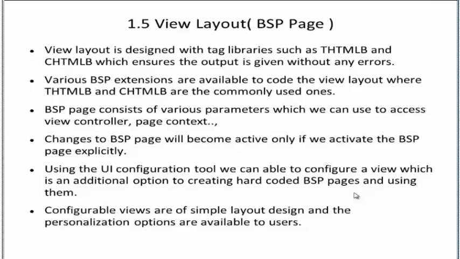Most of the screen elements which we see on the screen are created out of either CHTMLB or THTMLB. Even if you use CHTMLB, it indeed uses THTMLB inside it. We need not worry about what is used inside, but we create the view layout using either CHTMLB or THTMLB. Whenever we use CHTMLB, that will become a configurable view.